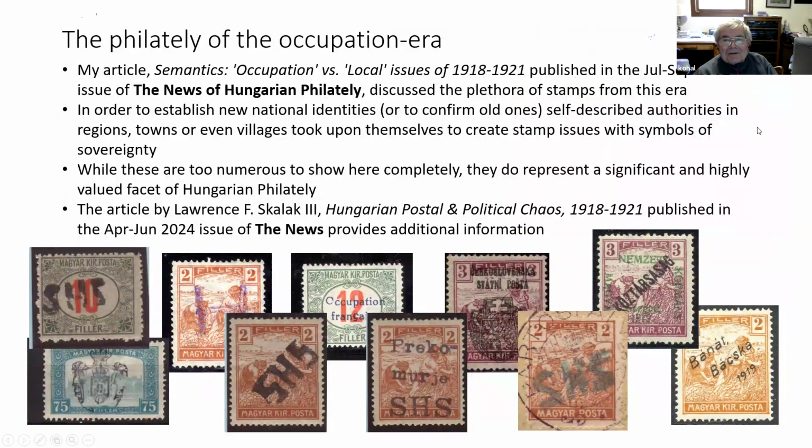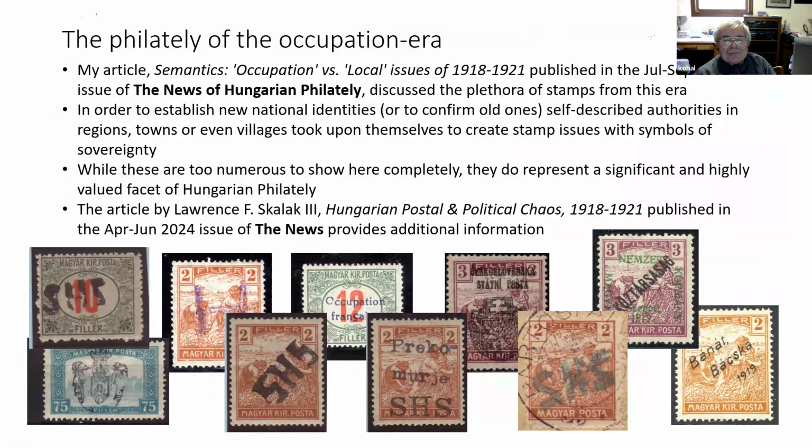And this is a very, very rich area philatelically. There are hundreds of stamps, whether they're local issues or occupation issues, and you can argue that back and forth. And back in 2002, more than 20 years ago, I published this article on the semantics of the occupation versus the local issues.